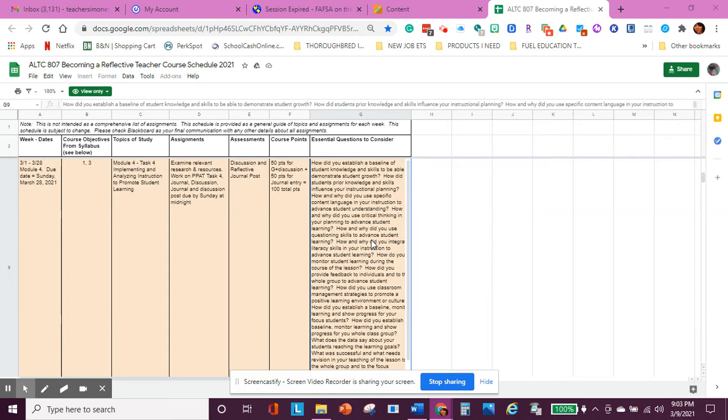So as the example, if you are using standards and you are allowing students to know it, to understand it, so that they can be aware of it, you want to be able to speak to that. Why are you using that content language in your instruction, and how is it advancing student understanding?